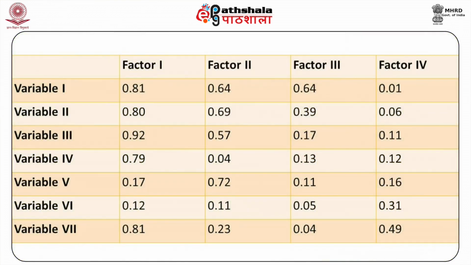For variables 1, 2, 3, 4, 5, 6 and 7, the factor loadings on factor 1 are 0.81, 0.80, 0.92, 0.79, 0.17, 0.12 and 0.81. For factor 2, the loadings are 0.64, 0.69, 0.57, 0.04, 0.72, 0.11 and 0.23.